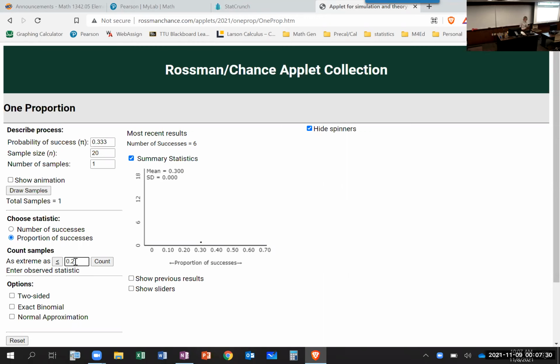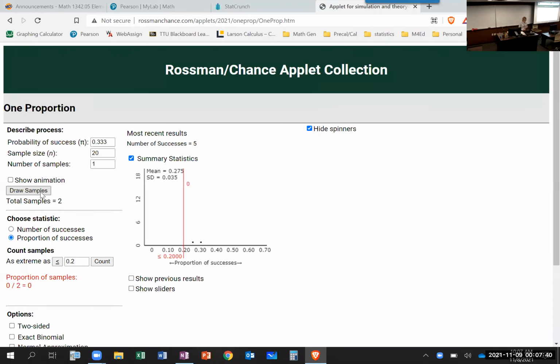Now, because I don't want to look at the spinners 1,000 times, I want to just see what would happen if we did this 1,000 times, because that's kind of like long run probability. Let's put 1,000 under the number of samples, which is the number of repetitions in the game. If I draw those samples, I end up with something that looks like a histogram.